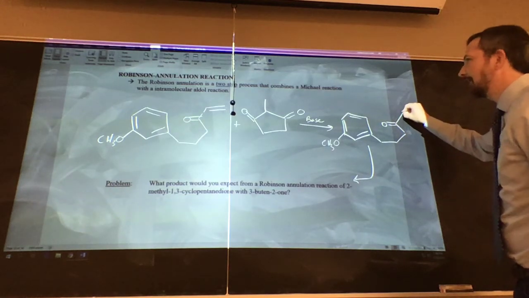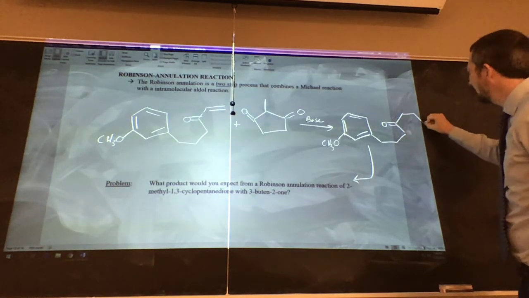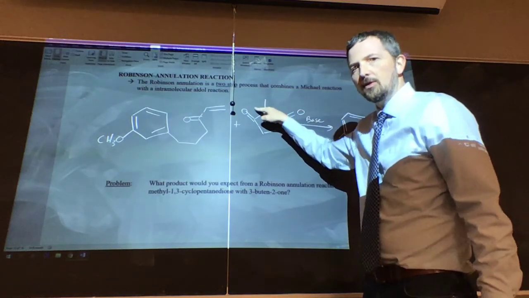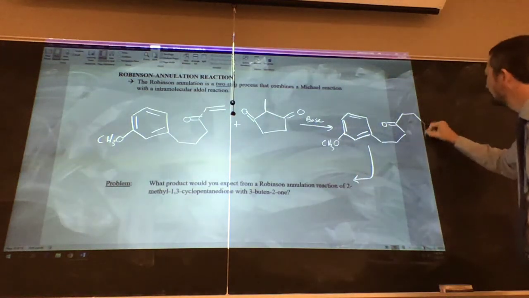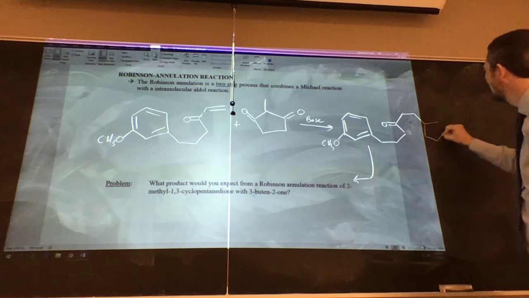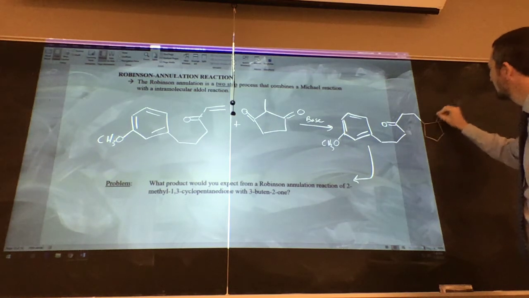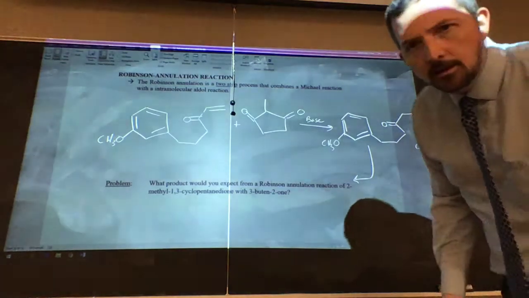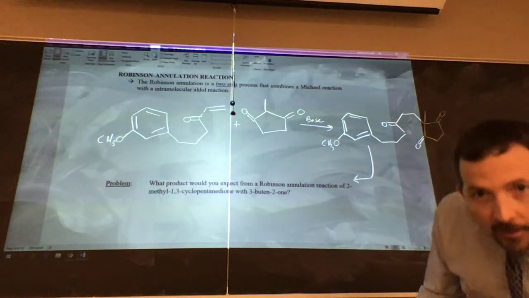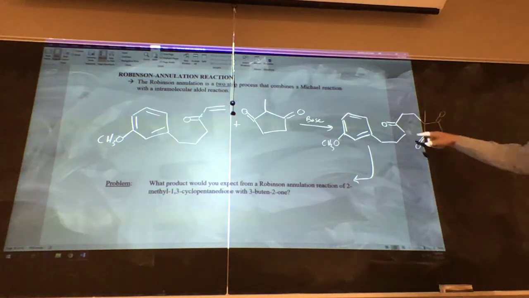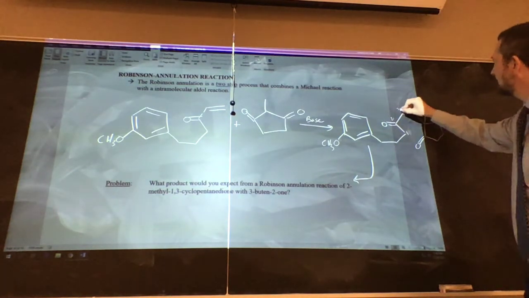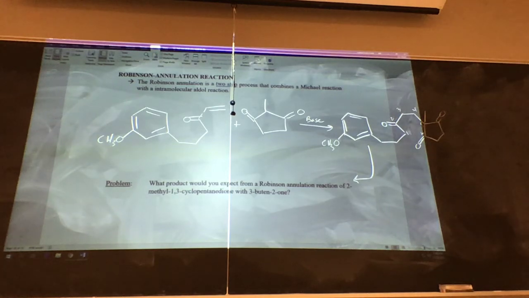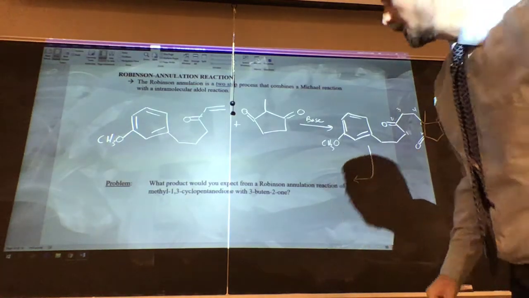I had that alpha-beta, but then I should have had another bond going down here, so I missed one of my carbons. Okay, so here's 1, 2, 3, 4, 5, 6. So I can form a 6-member ring here.